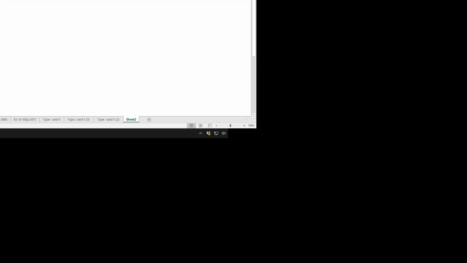And to that, we compare the computed value. So what is a computed value and a critical value?